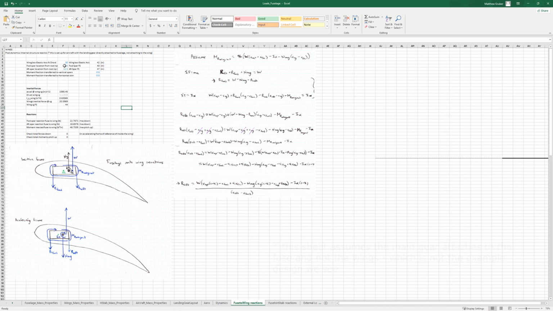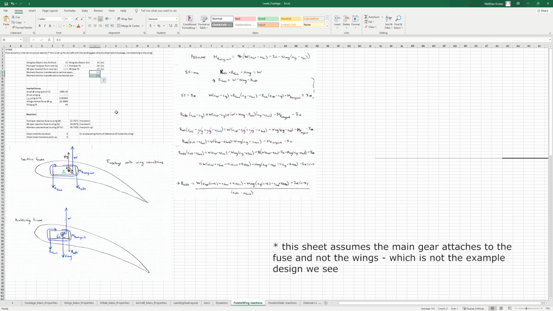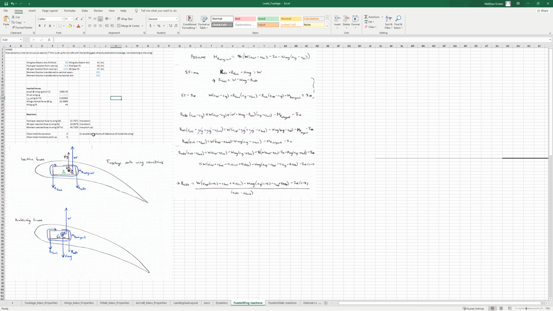So the inputs here are in blue again, and there's two different ways that a structure could move the resulting force and moment that it's putting from the wing structure into the fuse structure.